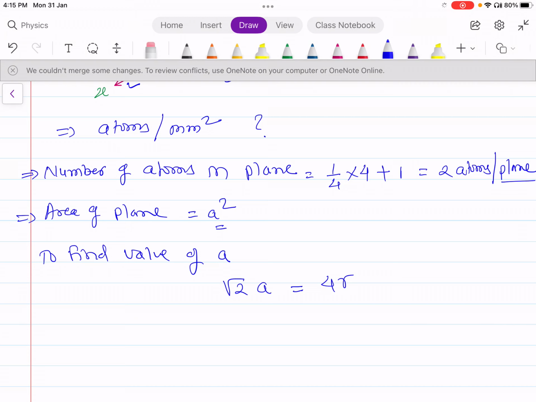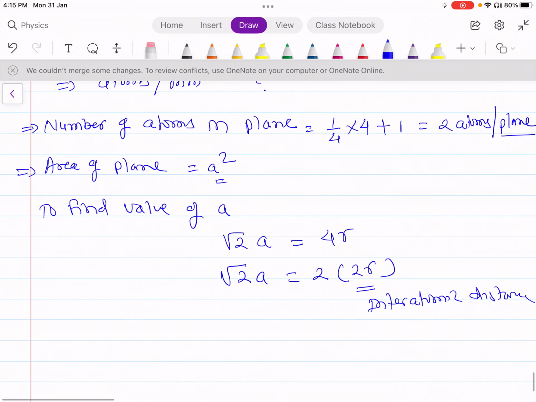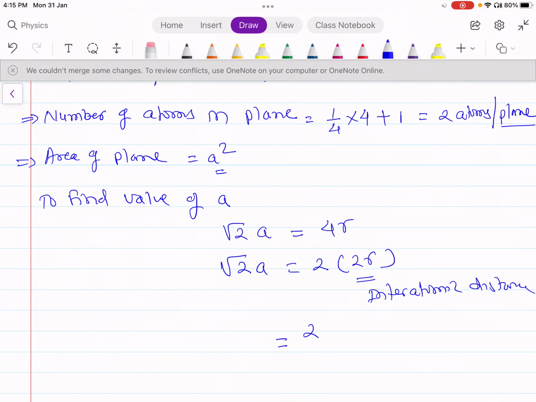We know the value of 2r. So this root 2 a is equal to 2 into 2r. This 2r is given, which is the interatomic distance. So 2 into interatomic distance divided by root 2 is equal to a.